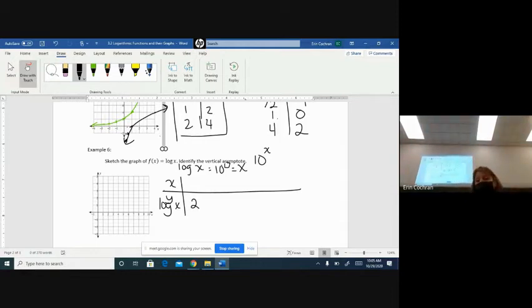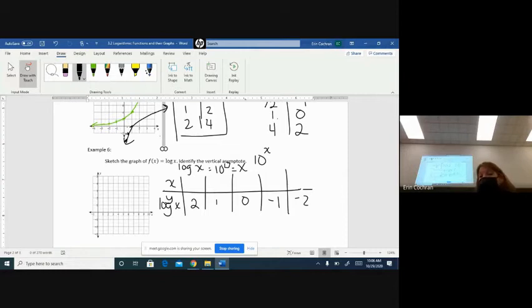Give me another value I can plug into 10 to. What other exponent can I bring 10 to? 1. I could do what else? 0. Could I do -1? And could I do -2?